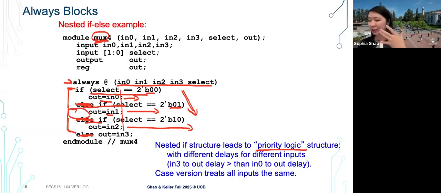I need to double check, but you may need to assign to different output signals and then do a mux in the end to select which output you want. Right, because you cannot assign to the same output. Yes, that's a good question.